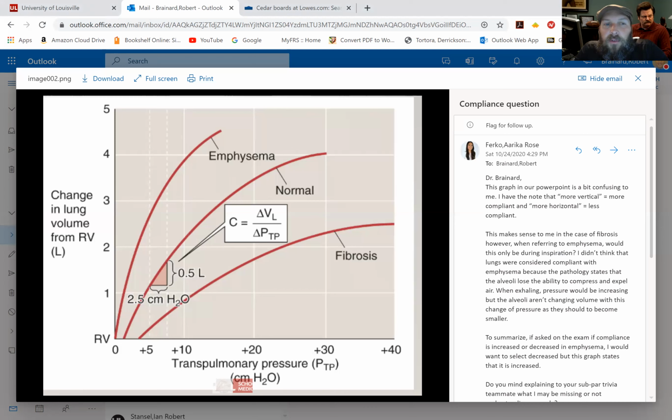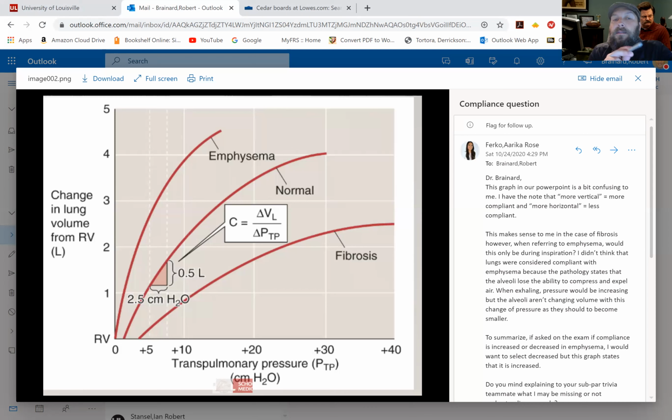With the emphysema curve, remember that the tidal volume is only 500 mils, right? So maybe the person has emphysema, but they're only breathing from 3 liters. If you follow that 3 over to where it intersects on the y-axis with the emphysema line, and then you just draw it up and draw it over and draw a little triangle like they have on the normal curve, then they're just going to be breathing normally in that area.